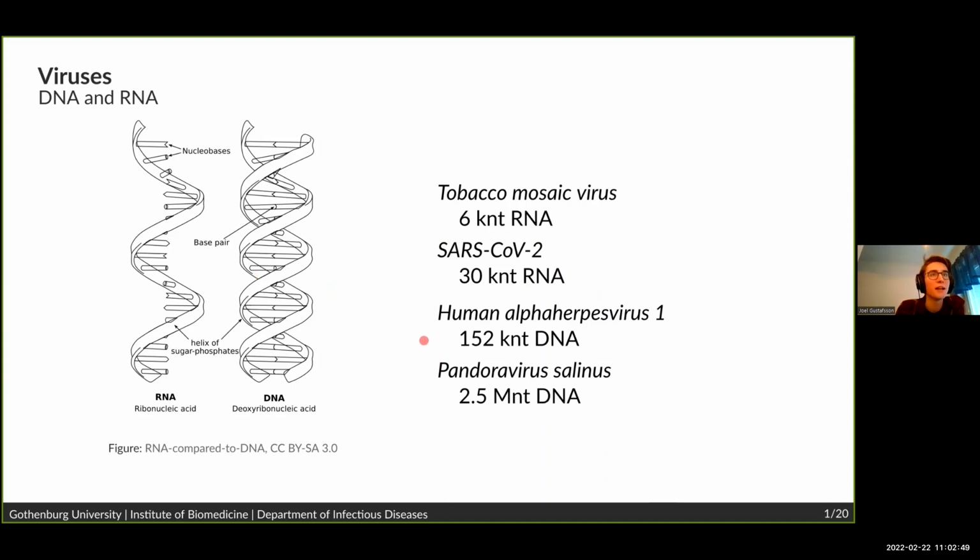But on the DNA side, for instance, the human herpes virus is 152,000 nucleotides, and the largest virus known today is 2.5 million nucleotides. So there's a huge variation in both what types of genomes they use and how they work.